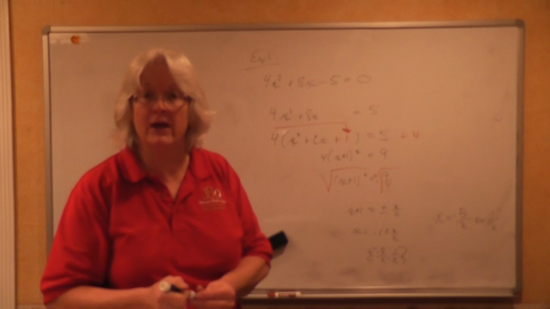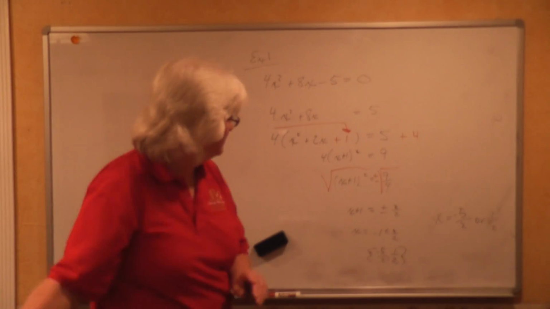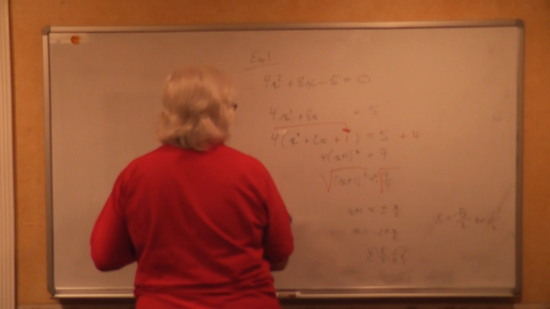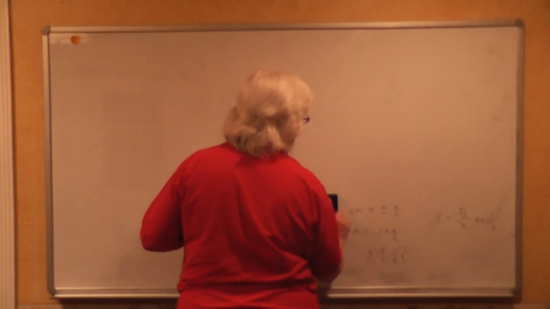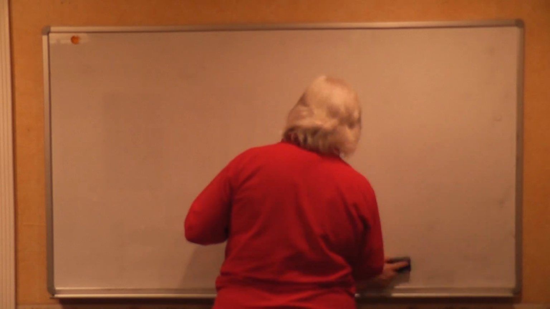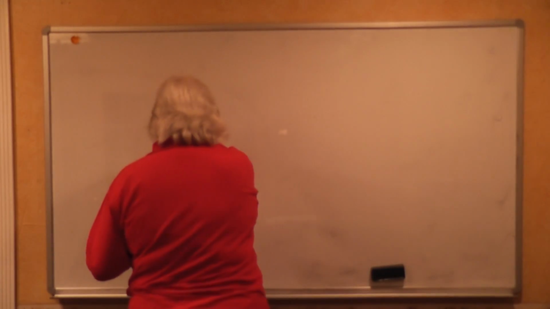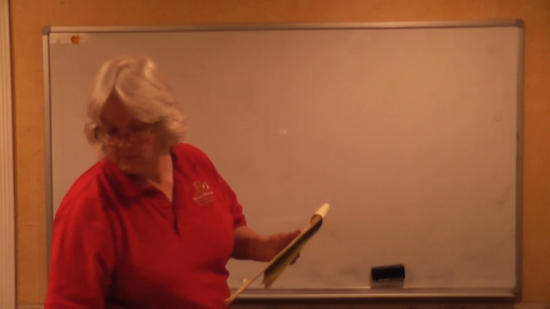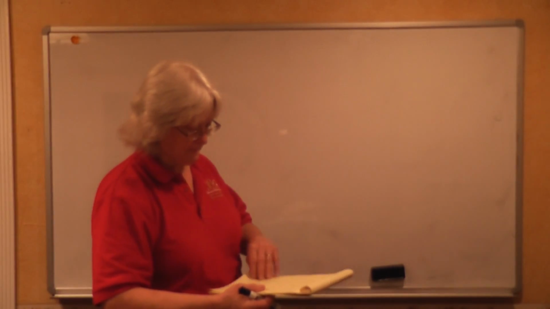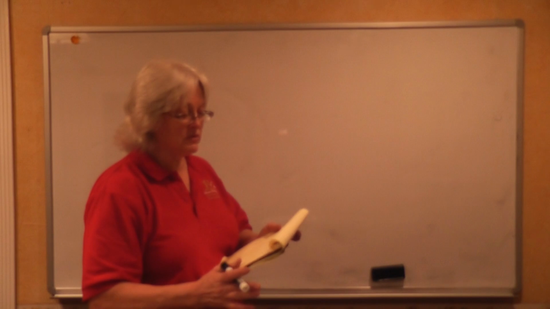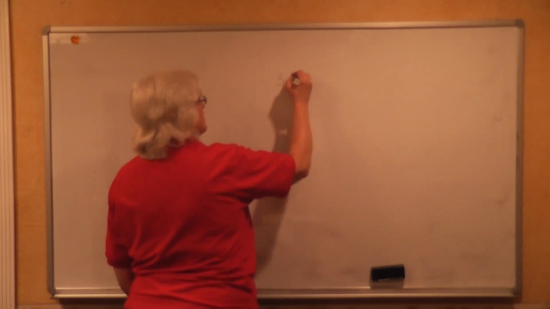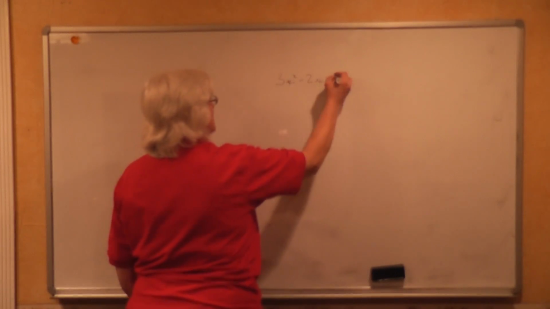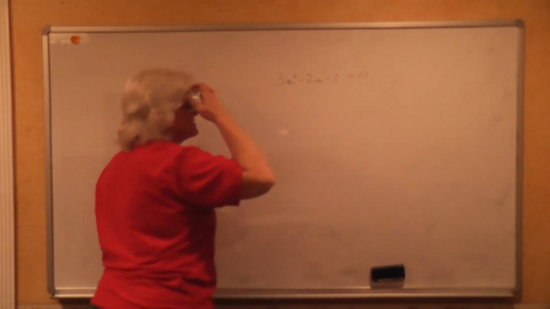So now, let's go ahead and look at our next example. Example number 2. Example 2 says 3x squared minus 2x minus 1 is equal to 0.